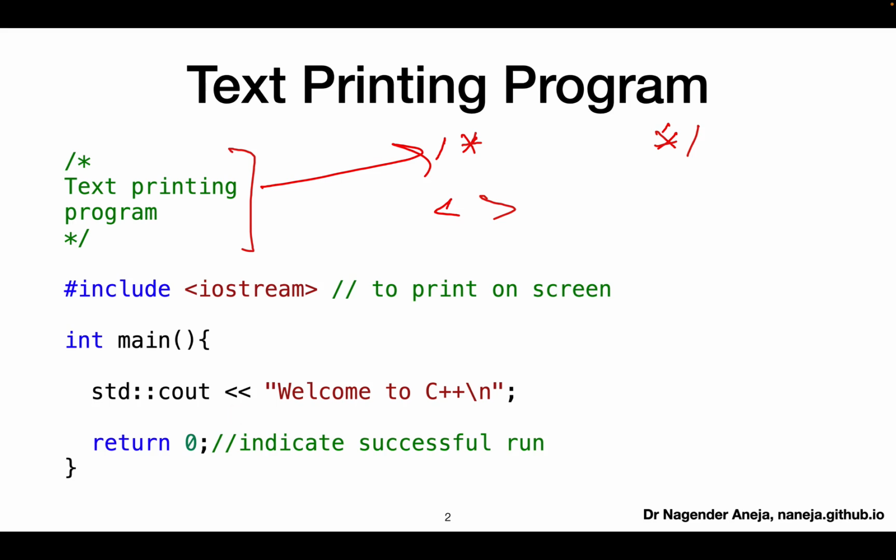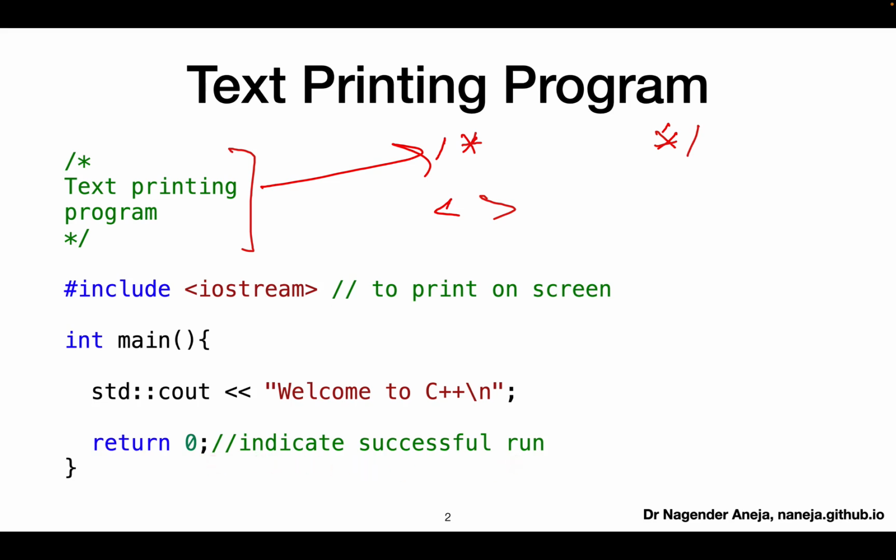Then we have a string, "Welcome to C++" with slash n, and the whole text is within double quotes, and we have a semicolon here. The semicolon is here, but not here. Then we have return 0 and again a semicolon, and again the same double slash with some text.